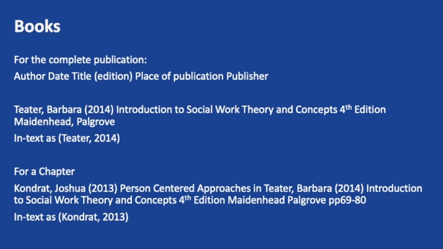Potentially, if it's been published elsewhere, you might have a separate date for it, but then you've got to say that it's in Thetford and the full detail of the book, including the page number. And in the text, that would appear as Conrad 2013, because Conrad is the start of that line, so when the reader is scanning the reading list, they will be able to pick it up quickly.